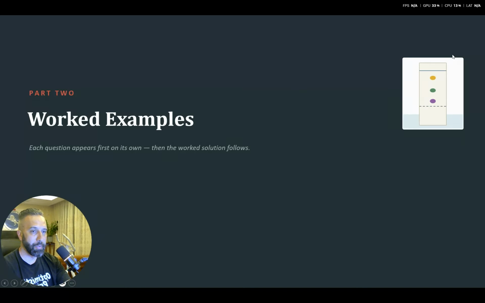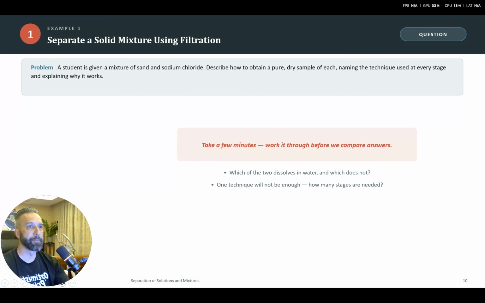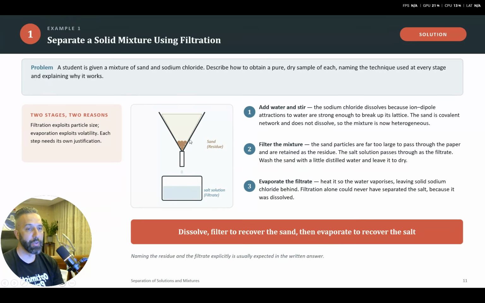Now let's try a couple of questions. A student is given a mixture of sand and salt, and he wants to obtain a pure dry sample of each of these. How do you do that?